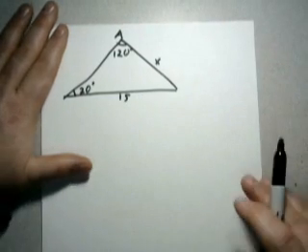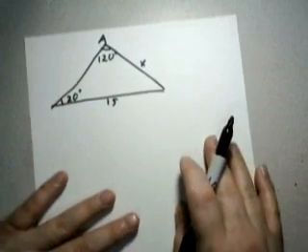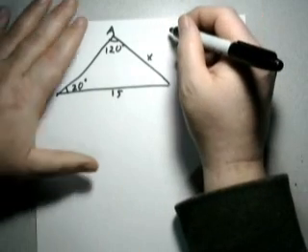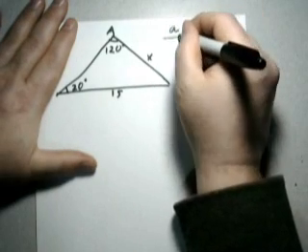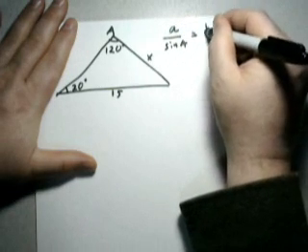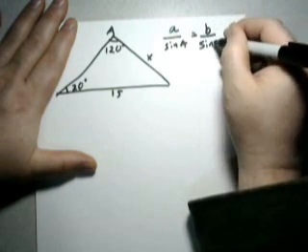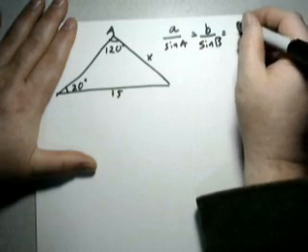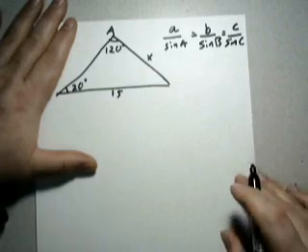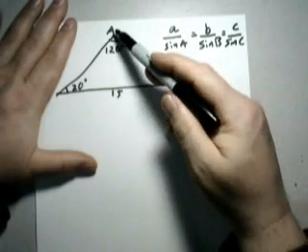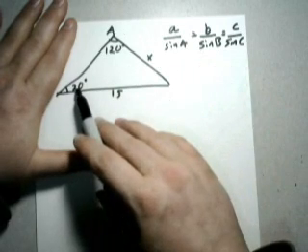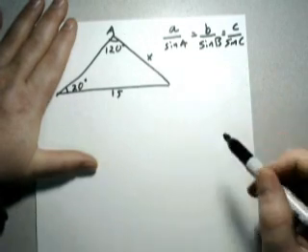Okay? And now remember what the law of sines is. The law of sines is side A over sine of A is equal to side B over sine of B is equal to side C over sine of C. Okay? So in this case we have this angle and this side, and then we're given this angle and asked to find that side.